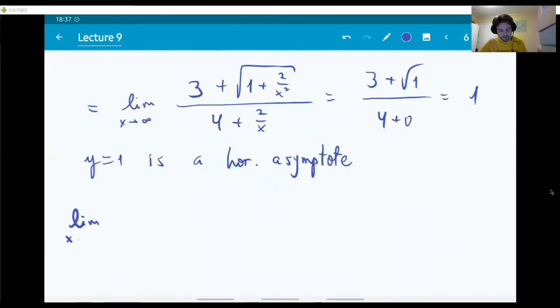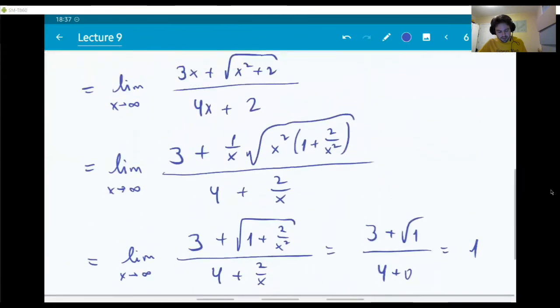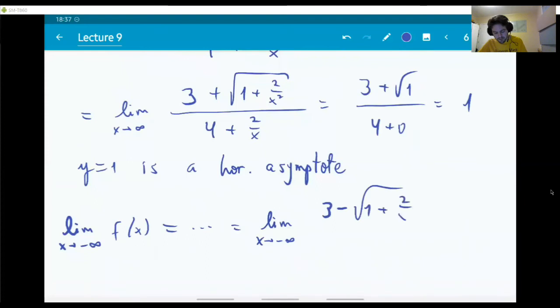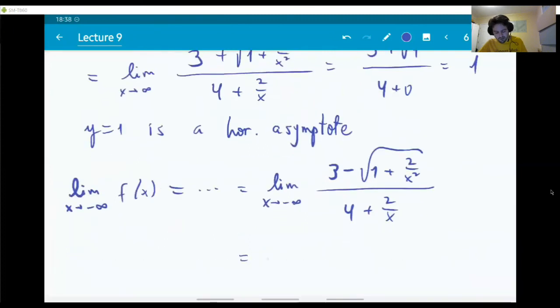Now, if you want to go to minus infinity, after all the same steps, what you find now is right here, 3 minus the square root divided by 4 plus 2 over x. So you see that when you plug this in, you're going to get 3 minus root 1 over 4 plus 0.